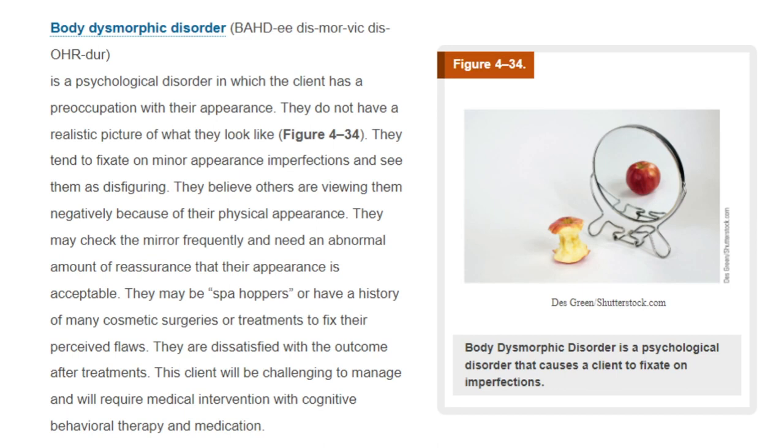They may check the mirror frequently and need an abnormal amount of reassurance that their appearance is acceptable. They may be spa hoppers or have a history of many cosmetic surgeries or treatments to fix their perceived flaws. They are dissatisfied with the outcome after treatments. This client will be challenging to manage and will require medical intervention with cognitive behavioral therapy and medication.